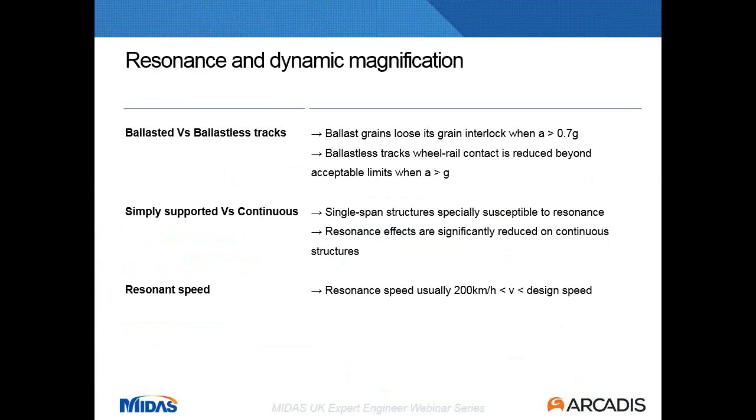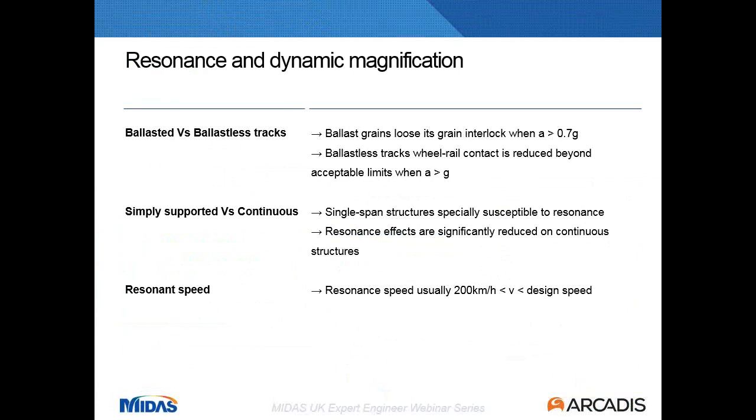The committee also concluded that there is a big difference between single-span structures and continuous structures. Continuous structures are able to reduce these resonance effects, but the single-span structures are the ones that are severely affected.